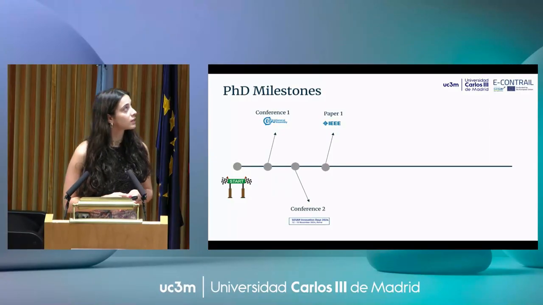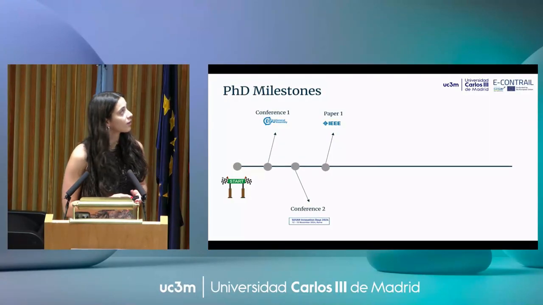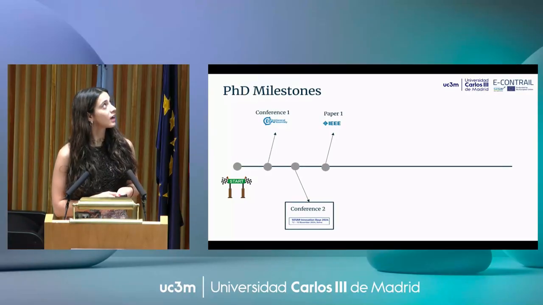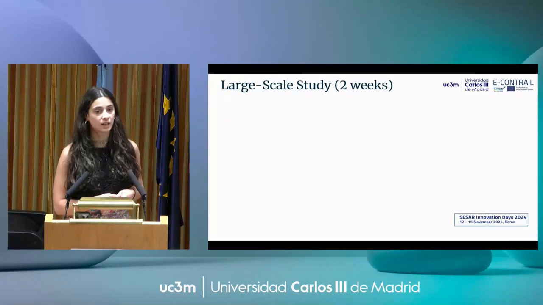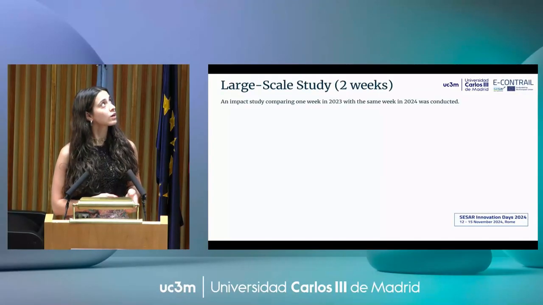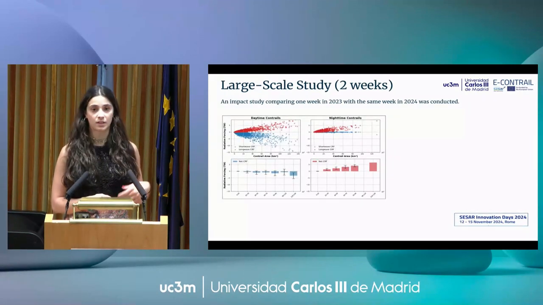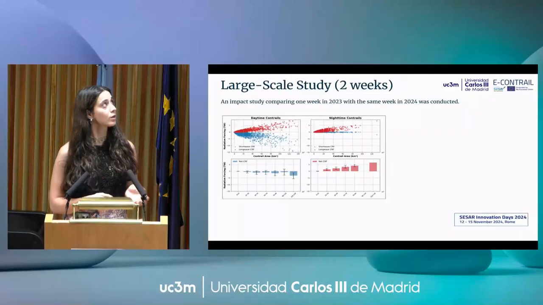Then another milestone was going to the Cesar Innovation Days conference. And here I already applied these models to do a large scale study focusing on 1 week in 2023 and another in 2024 and comparing the radiative impacts of contrails in all Europe.